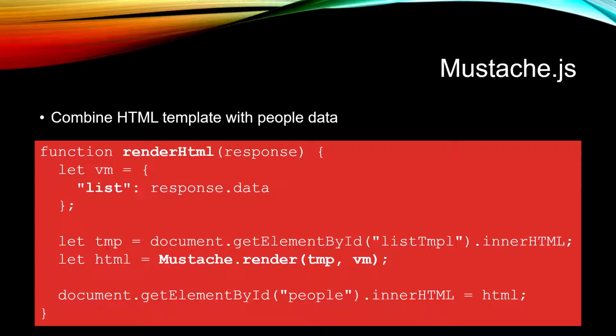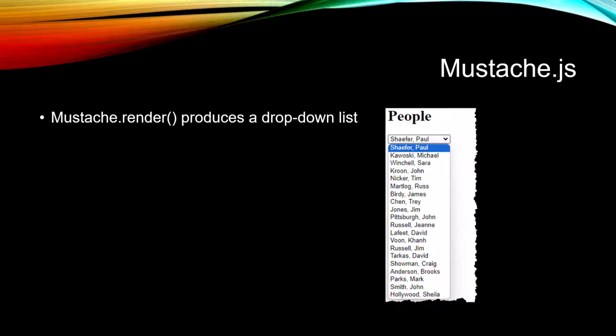So then we do let temp equals document.getElementById, grabbing that script tag, but just the innerHTML, so everything between the script and the closing script tag. Then let html equal Mustache.render, passing in that template and the data. We can then do a document.getElementById on people. Remember, that's the select. And we can set its innerHTML equal to the HTML rendered by Mustache. That then produces a drop-down list.